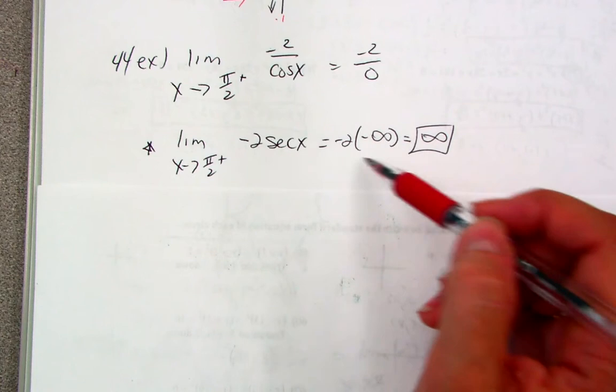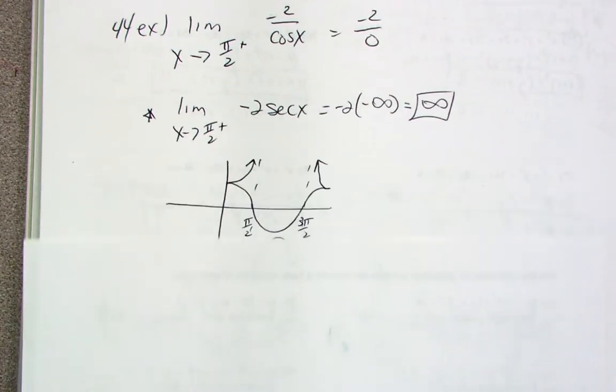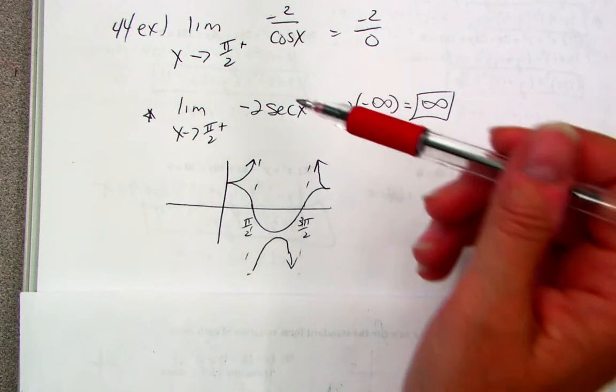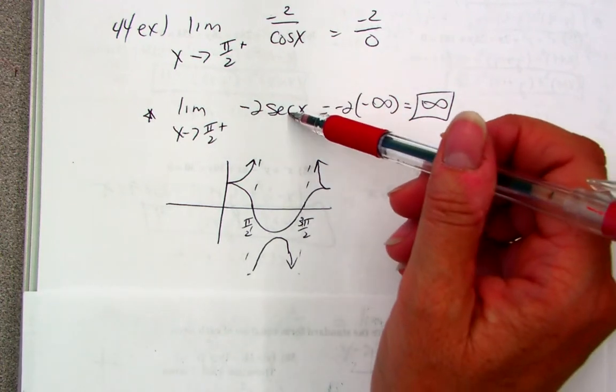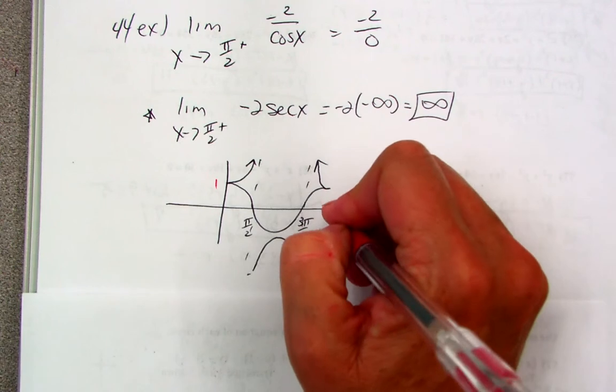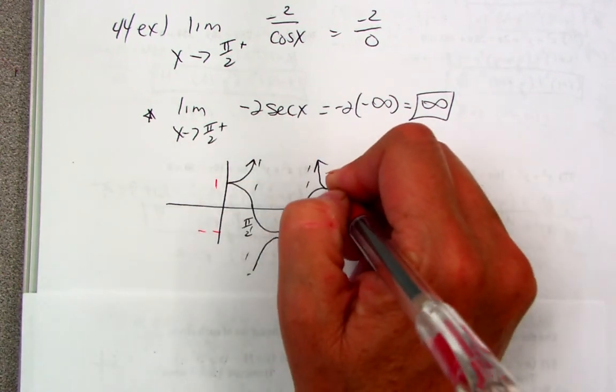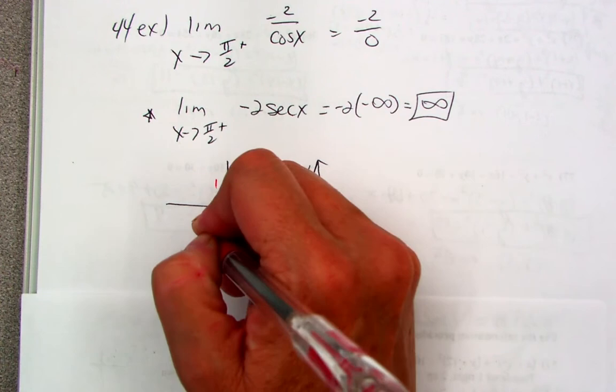Now I didn't just pull this out of thin air. Look below, I'm going to have this graphed. So I know secant, I have to sketch out cosine. So here's cosine from 0 to 2 pi. Starts at 1, goes down to negative 1, goes back up to 1 at 2 pi.